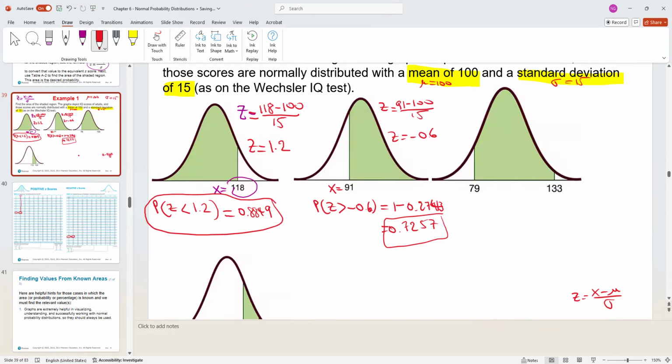So we need to make sure it says 0.2743 from the table.